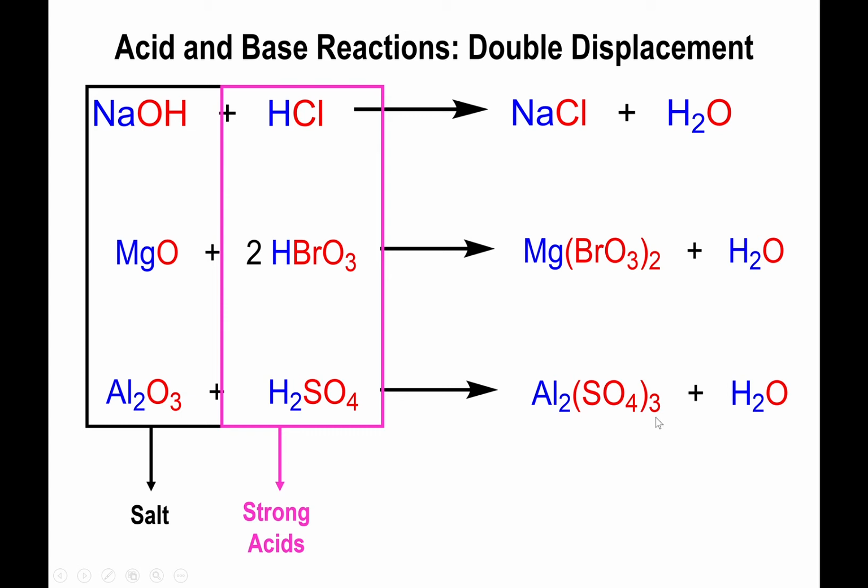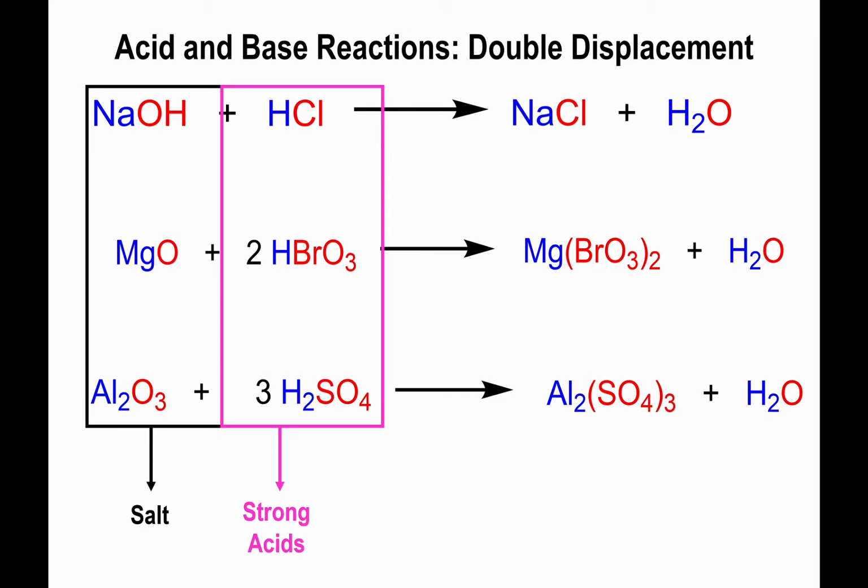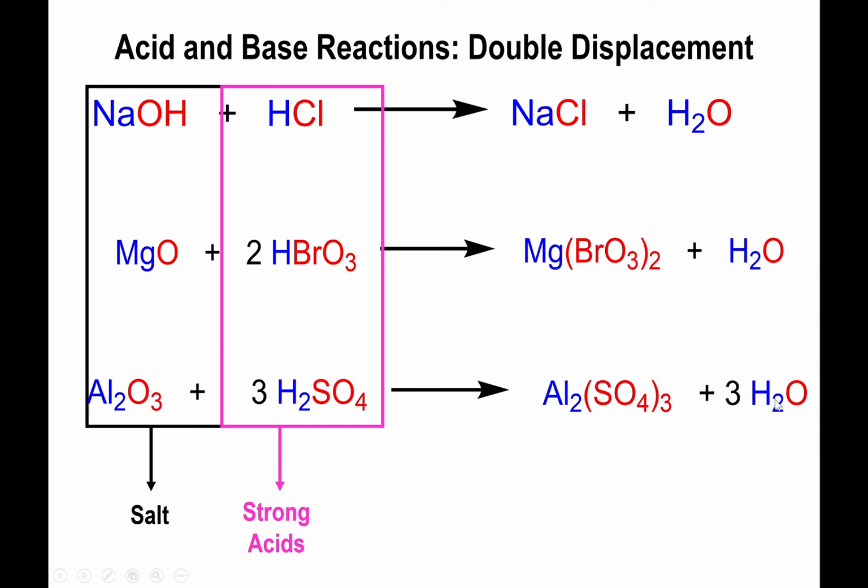And of course you need to balance your equation. You have 3 sulfates, only 1 sulfate here, so you need to multiply sulfuric acid by 3, and that gives you a total of 6 hydrogens. You only have 2 here on the right side, so you need to multiply water by 3. And the moment you do that, everything else looks good.